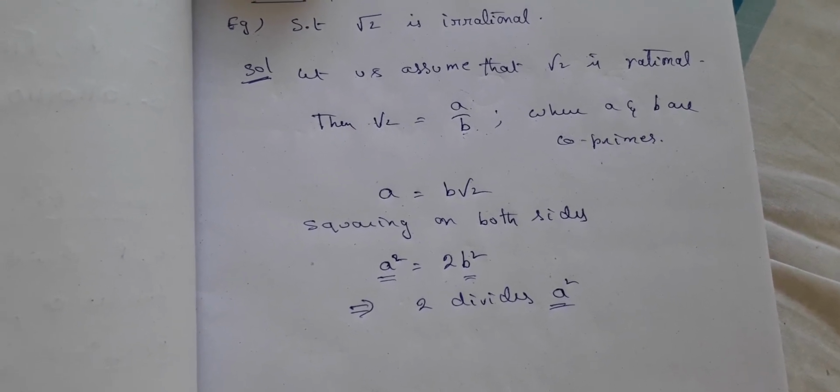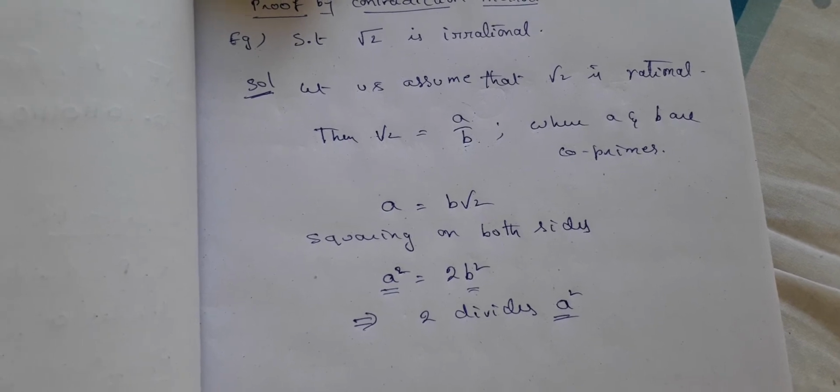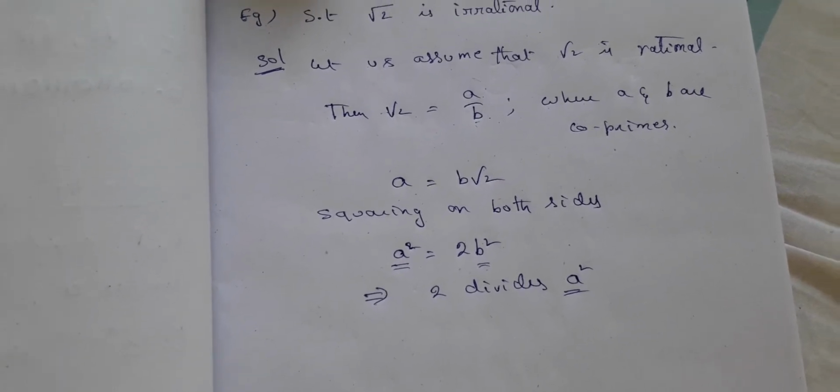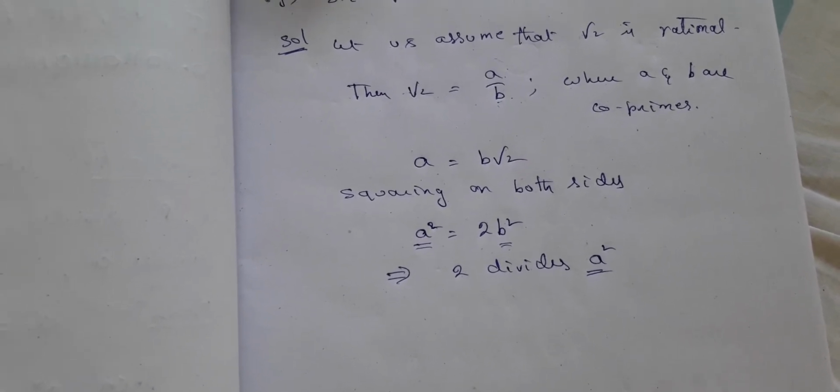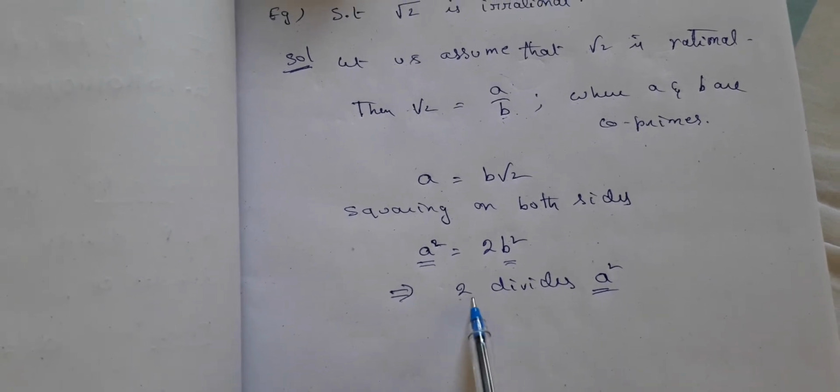Now from the previous theorem, theorem 1.6, we have seen that if a prime number divides a square, then it also divides a. 2 is of course a prime number.